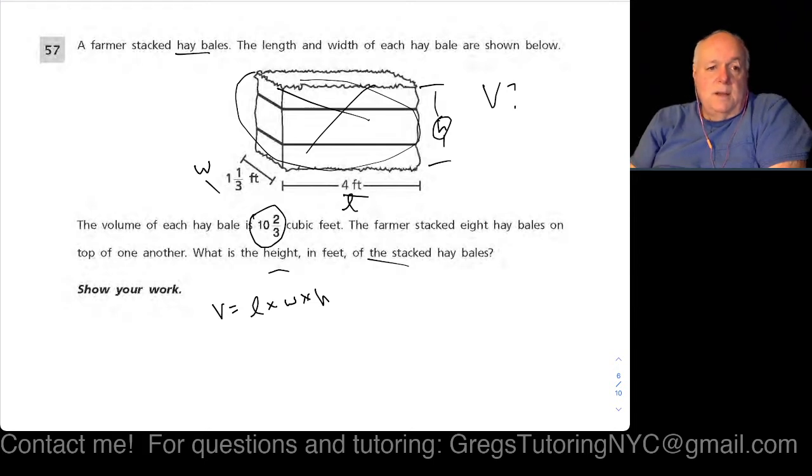You're not going to worry that this is zigzagged here. We're just assuming it's regular, the shape as if it was a perfect box, if you will. We're not going to get into that it's jagged over here and stuff like that. So they're telling us the volume is 10 2/3.